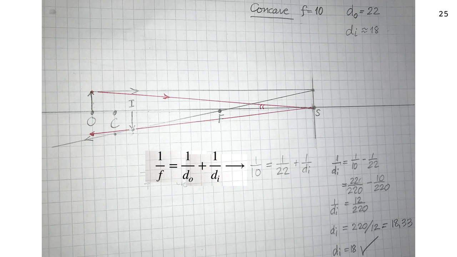You need at least two rays coming from the object. I like to use these two because they stay in the paraxial zone a lot better than principal ray 2 and principal ray 3.